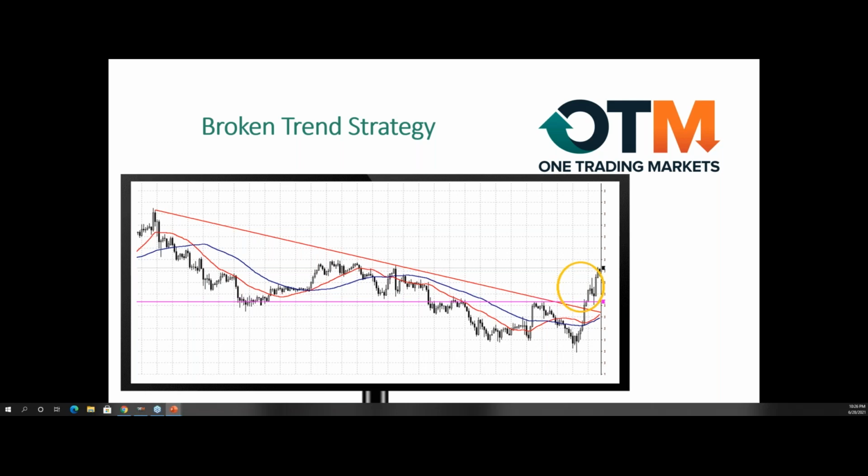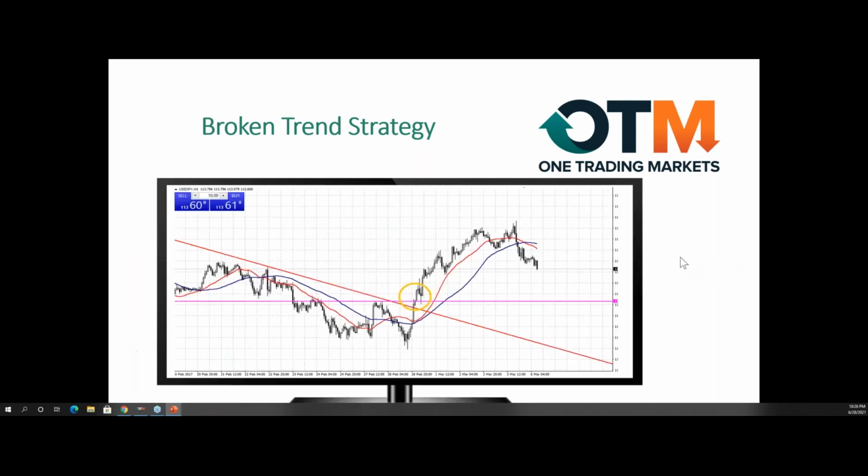That means there is momentum in the market, and that's why it's a buy signal. So all three indicators have to give me a buy signal. In this strategy, if one of them is not giving you a buy, you don't enter the market. The signal has to come from all three indicators.